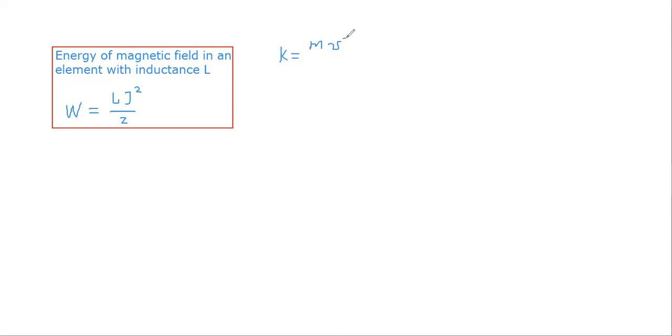m multiplied by v squared divided by 2, or kinetic energy of a rigid body that rotates around a fixed axis is equal to moment of inertia multiplied by angular velocity to the power of 2 divided by 2.